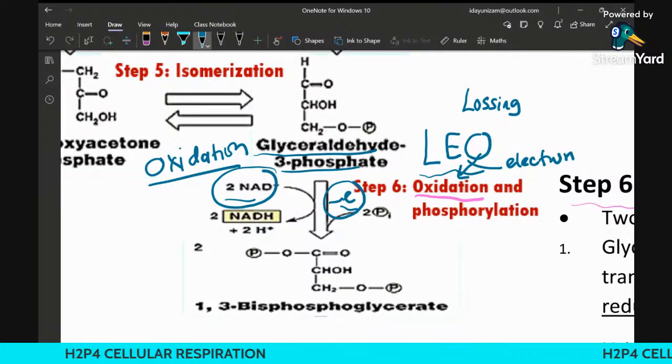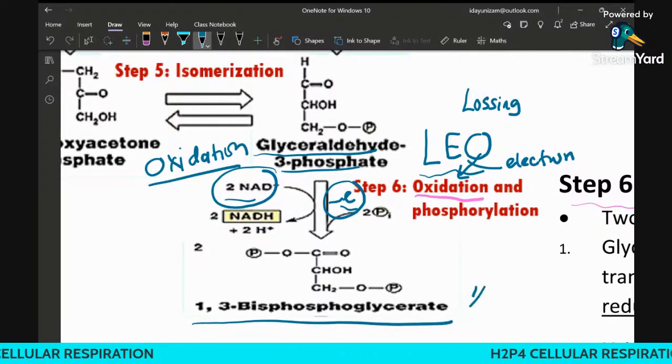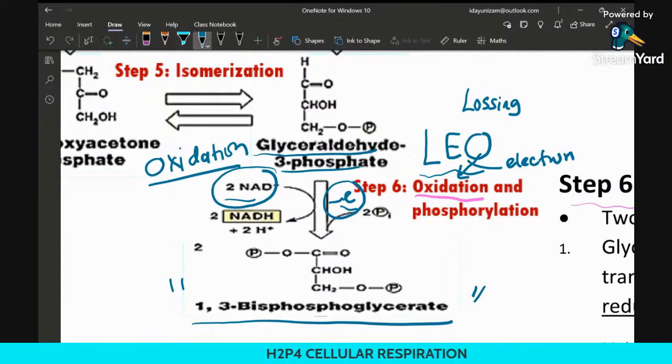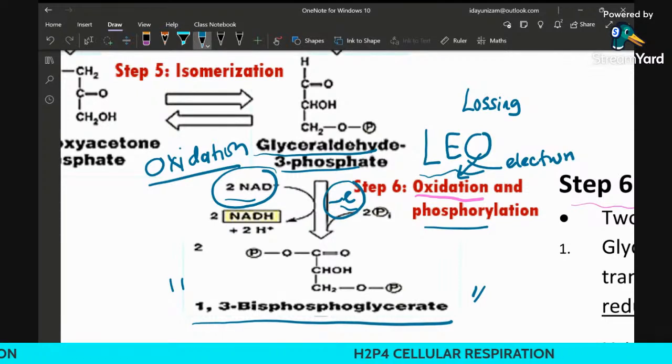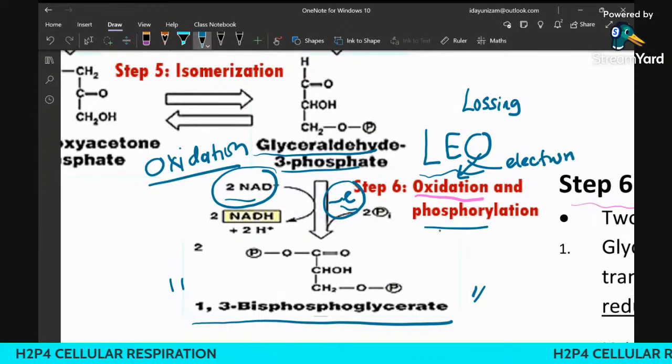Before we name this product, take note of another process we call phosphorylation. Earlier, step 1 and step 3 were also phosphorylation. Phosphorylation involves addition of phosphate. But here we do not invest ATP.